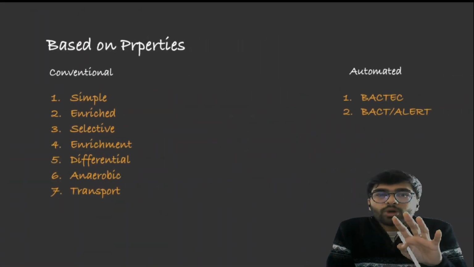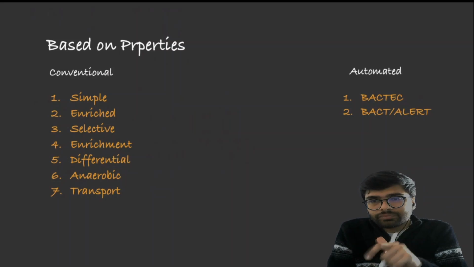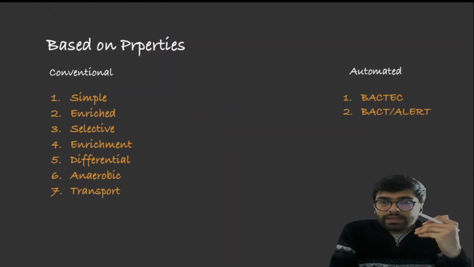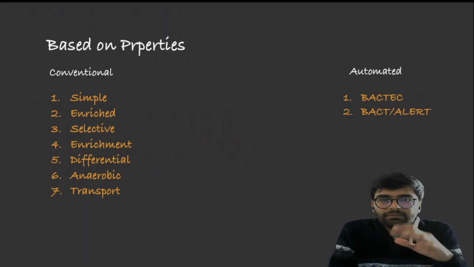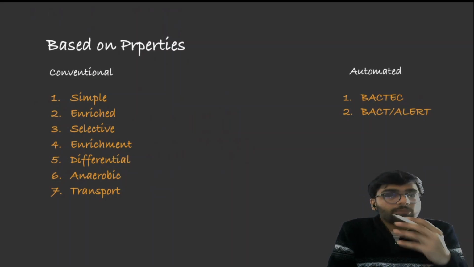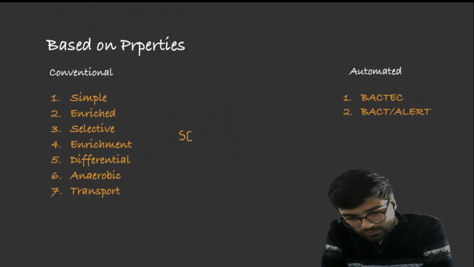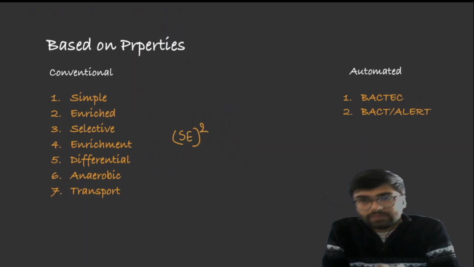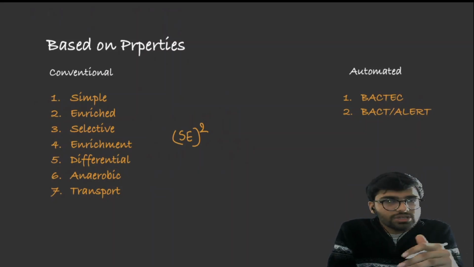Okay, so based on properties, I've told you conventional and automatic, and in conventional we have seven headings. So these are simple, enriched, selective, enrichment, differential, anaerobic, and transport. You can remember these seven names by a mnemonic called SE square, because you have SE: simple, enriched, selective, enrichment.